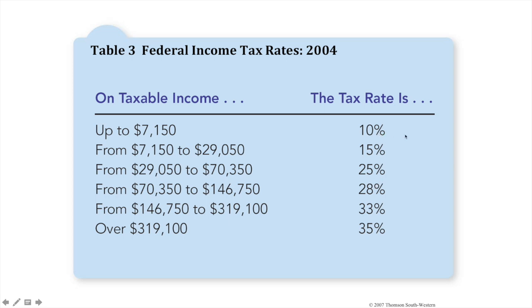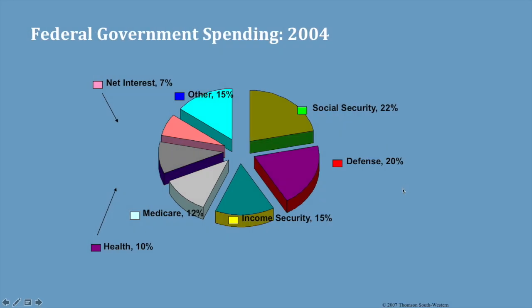So on the first $7,150, you'd pay $715 in tax. Then you would pay 15% of the next $22,100. Then you would pay 25% of the next $41,300, and so on and so forth. There's a good explanation of this in your textbook.